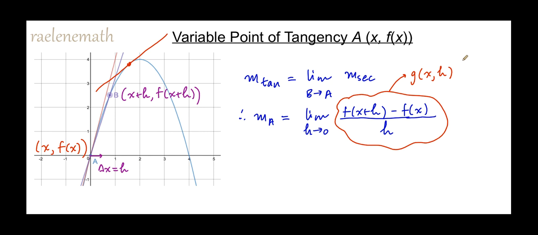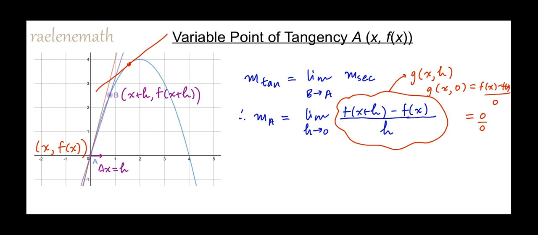And if we substitute directly, we are working out a function value, so g of x comma 0 would actually be f of x minus f of x all over 0. And that would give us 0 over 0. And so this is the indeterminacy that we were seeing earlier when point B approaches point A.